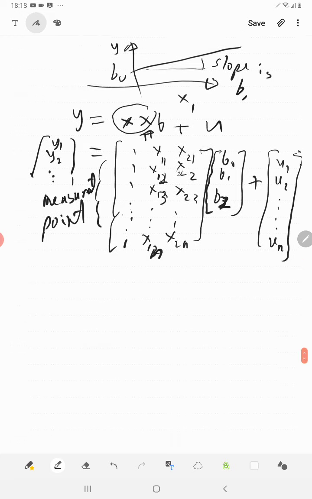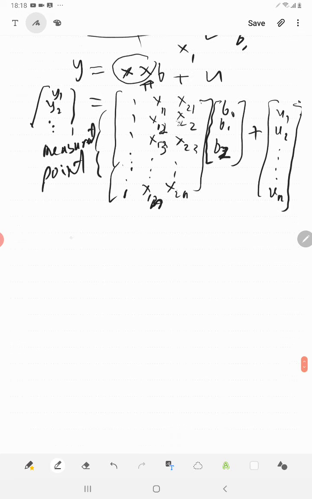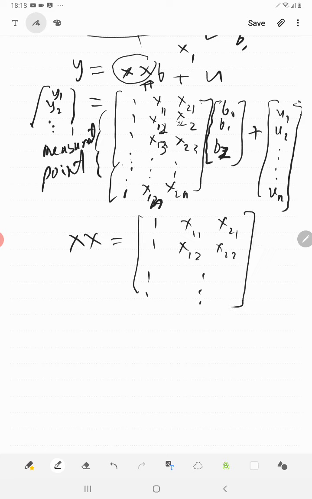So we can put it in a matrix form that XX is equal to 1, x11, x21, then 1, x12, the second measurement, x22, the second measurement, and so on, okay? So this will give you the matrix formula Y is equal to XX times B plus U.